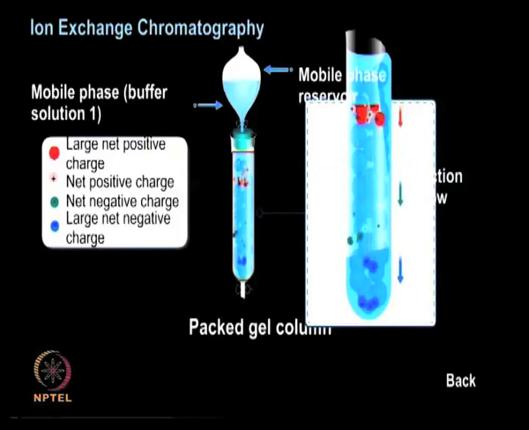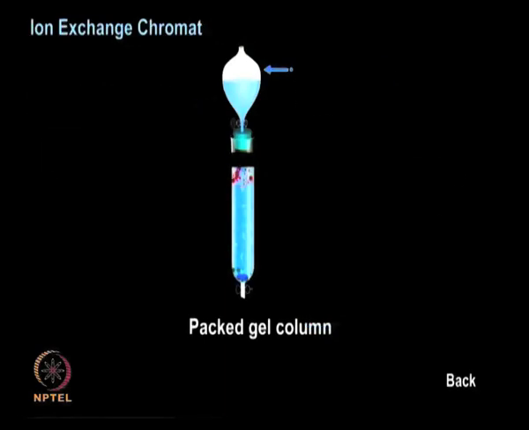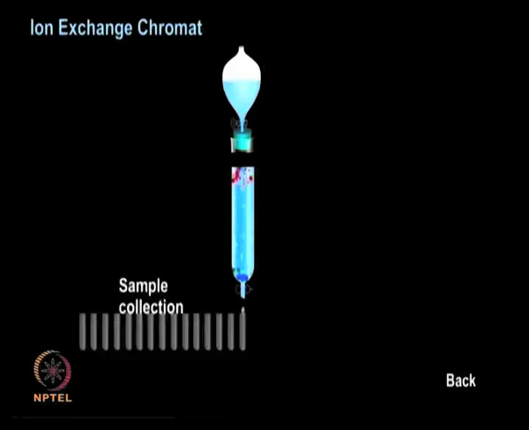The buffered solution is then changed such that the net charge of the protein of interest is modified and it no longer binds the ion exchange resin. Therefore, the bound protein also gets eluted out of the column in this manner.